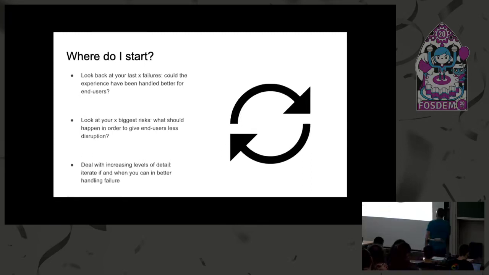If you're looking to start a little bit with designing for failures, some of the things that you can do is look back at the last X times your environment failed. Let's say 10, and ask yourself, could this failure have been better experienced by your end user?